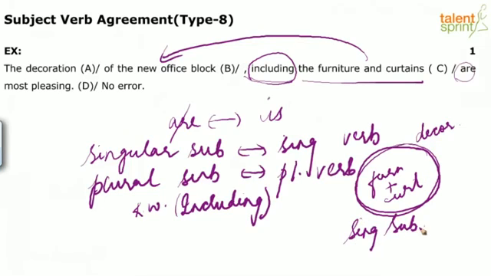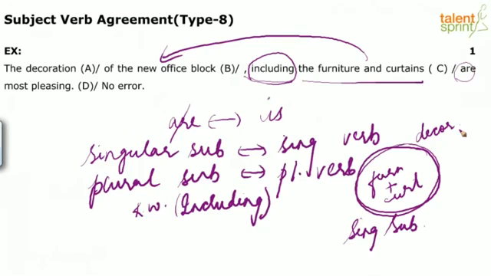You guys are Rohit students, so I always like to explain the concepts of English also in the way that you approach questions of arrangement and sets, etc. I think figures and all really attract you. So that is the reason when I say decoration, the entire superset is decoration. Furniture and curtains are also included in it, which means it is still singular.